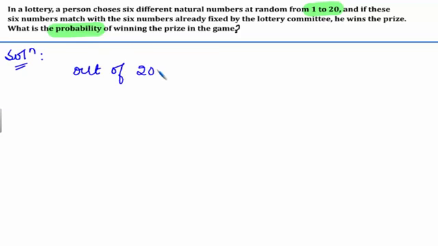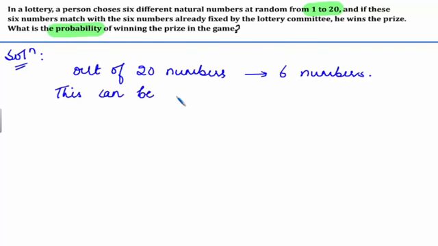Out of 20 numbers, a person chooses 6 numbers. Then this can be done in 20 C6 ways.